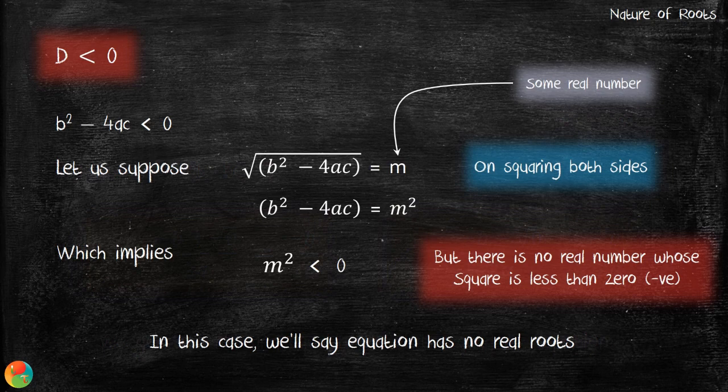Now we also know that b² - 4ac is our discriminant. It means D is equal to m². Now D in this case is less than 0. It means negative. So this expression here implies that m² is also less than 0. But wait a minute. There is no real number whose square is less than 0.